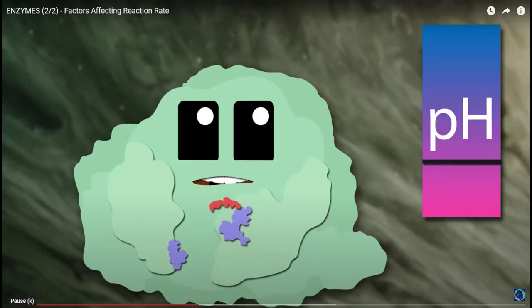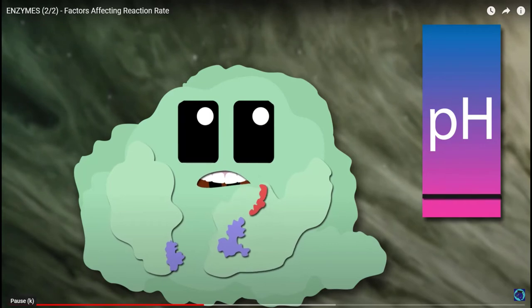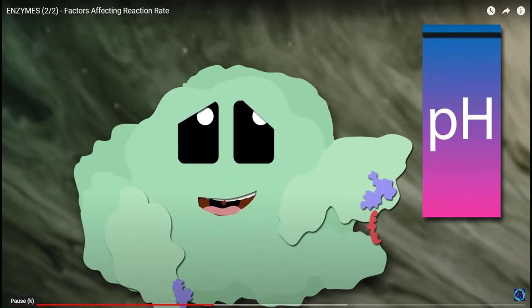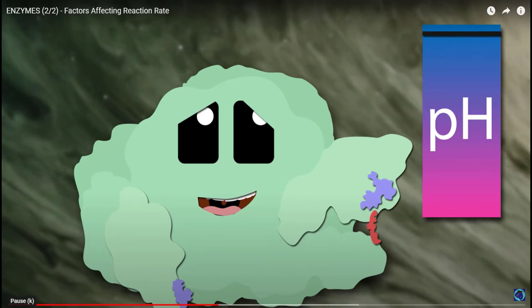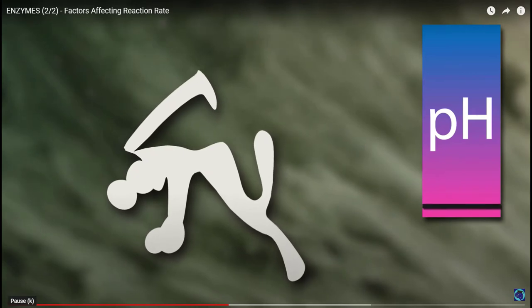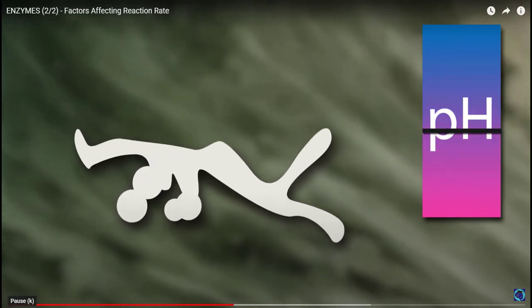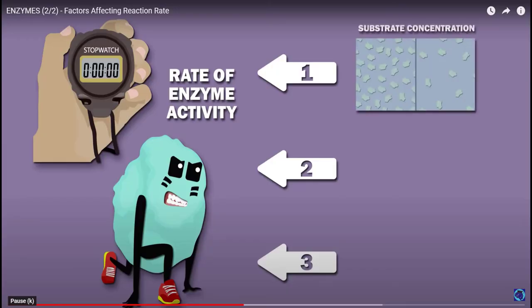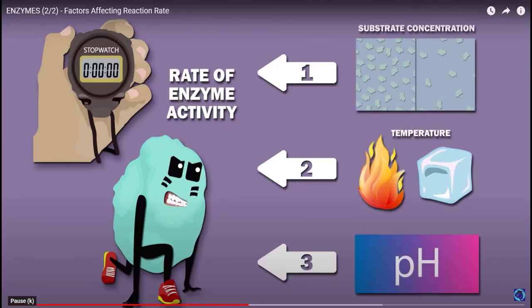Outside of an optimal pH range, changes to ionizable side chains can break bonds holding together secondary and tertiary structures, causing the active site to fall apart, and decreasing enzymatic activity. In addition, the substrate binding to the enzyme might have its own ionizable side chains, which can also be affected by pH.